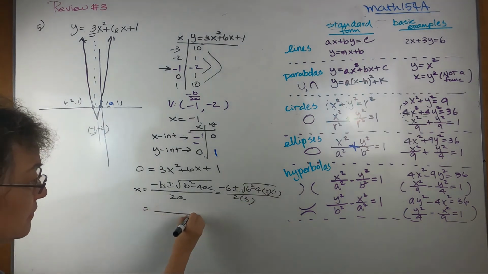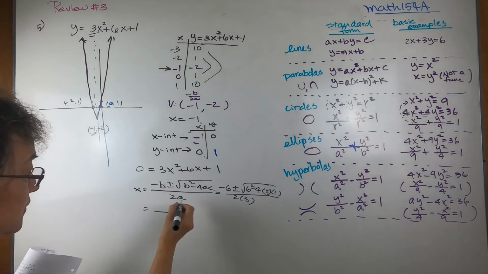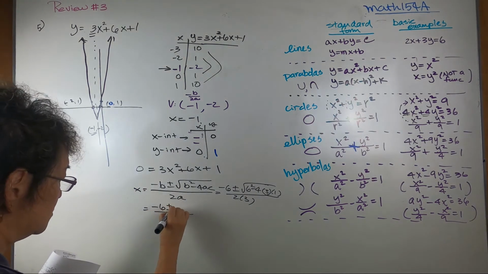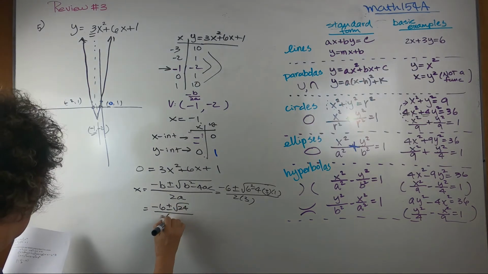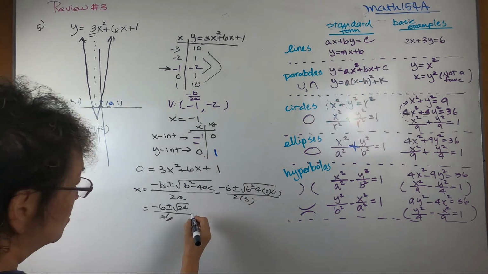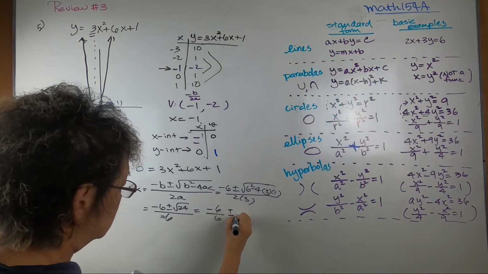Then what do we have? 6 squared, 36, minus 12 is 24. So negative 6 plus or minus the square root of 24 over 2 times 3, which is 6, right? So what do we write? Write it separately, plus and minus.